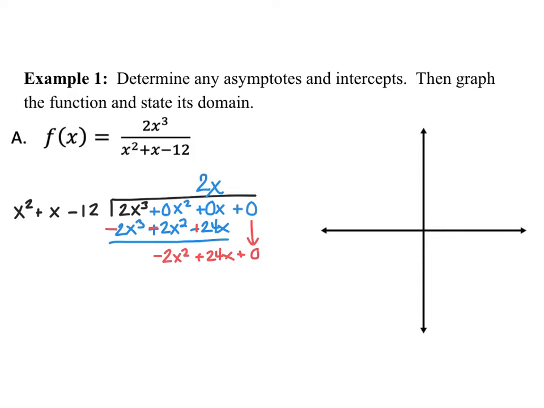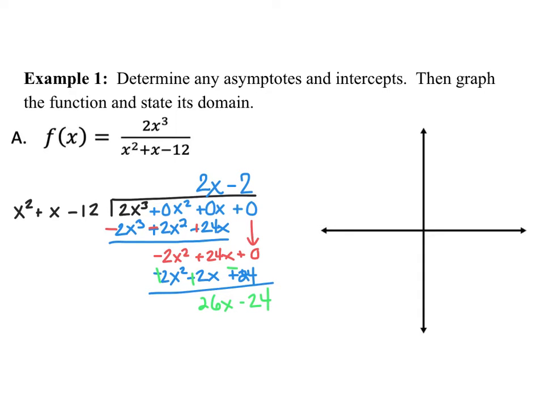I'm checking now how many times does x squared go into negative 2x squared, into negative 2x, and it goes in negative 2 times. So if I do negative 2 times the divisor, I get negative 2x squared minus 2x plus 24, and I subtract, which produces 26x minus 24.